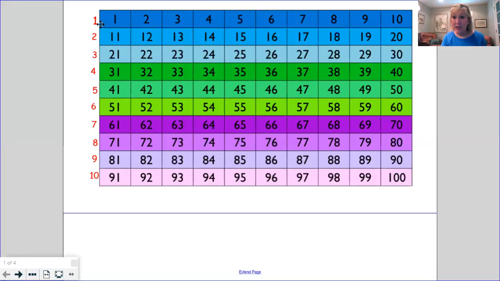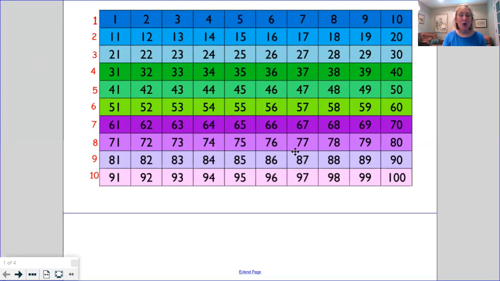Do you remember how many rows are in a hundreds chart? That's right, there are 10 rows in a 100 chart. Do you remember how many columns are in a 100 chart? Yes, you're so smart. 10 columns, 10 rows, and 10 columns.